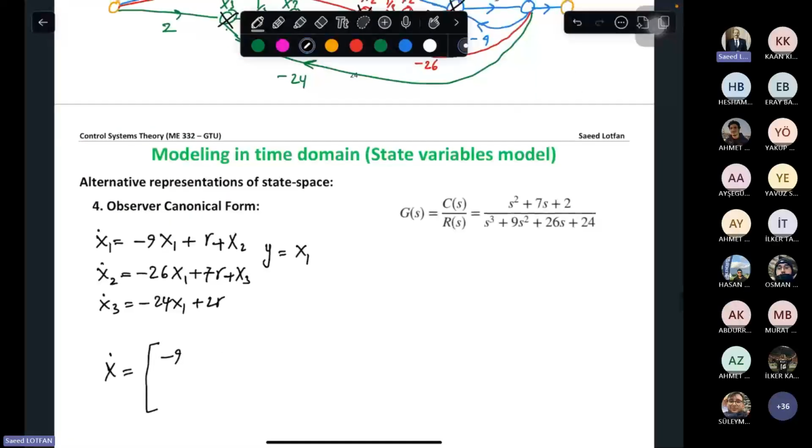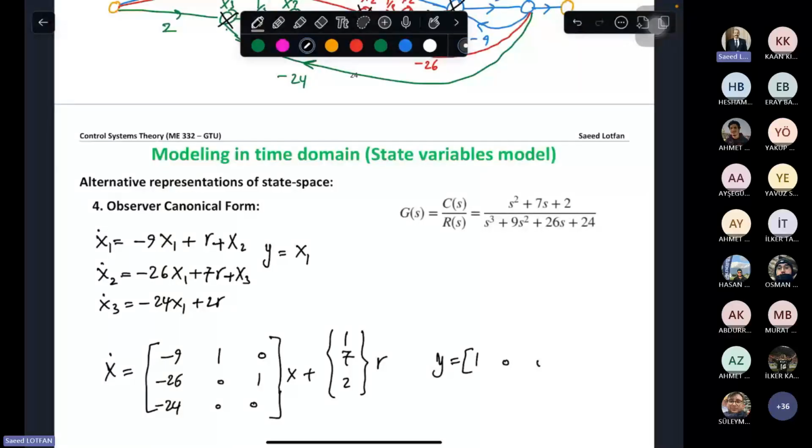Okay, we have minus 9, 1, 0, minus 26, 0, 1, minus 24, 0, 0, times x plus 1, 7, 2 times R.